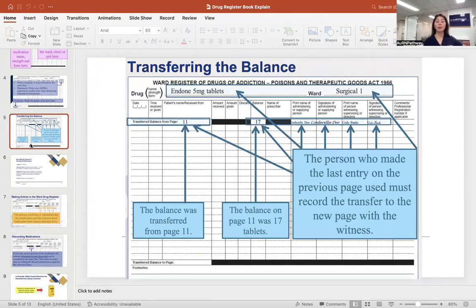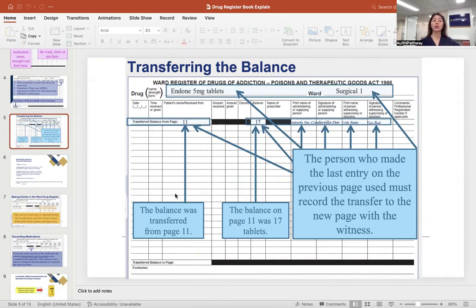Now, talking about transferring the balance. We only transfer if we've already used up all of the page, right? So we've written down every single column. Now it's finished, and we have to transfer it to another page. To transfer that, you would again write down the name of the tablet, the ward, and then you would write down the transfer balance from page whatever that particular full drug register book is from.